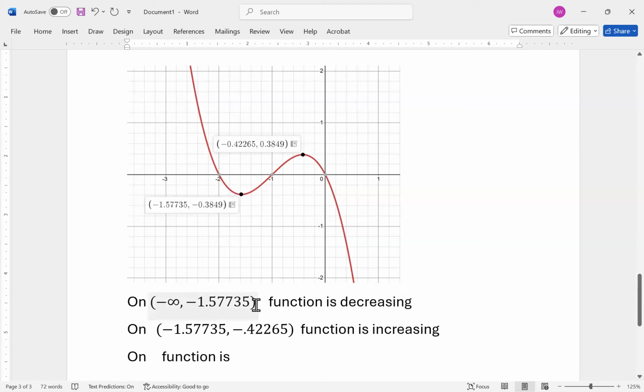I'm using open brackets because at that specific point of negative 1.57735, if I'm moving into it, I'm decreasing into it, and then I'm increasing out of it. So I don't want to say it's strictly decreasing or strictly increasing at that specific point because we change directions at that specific point.